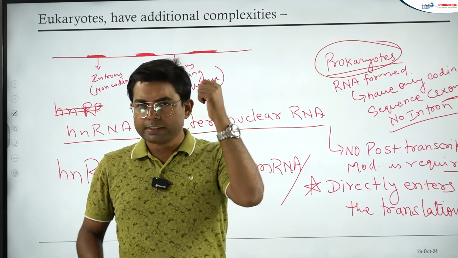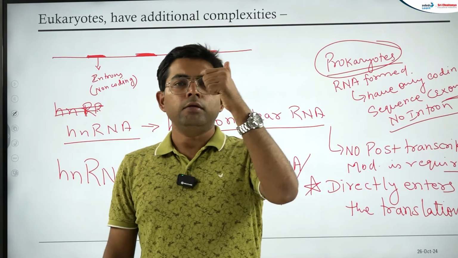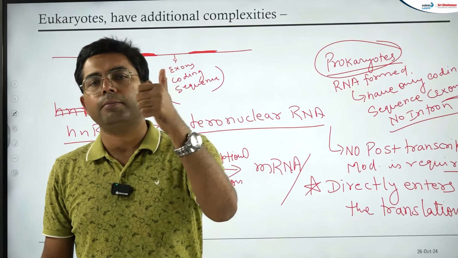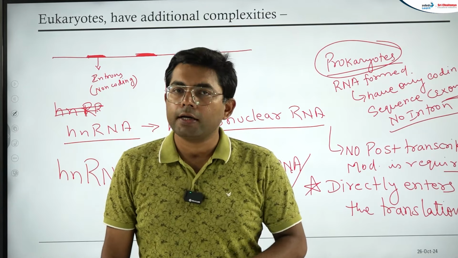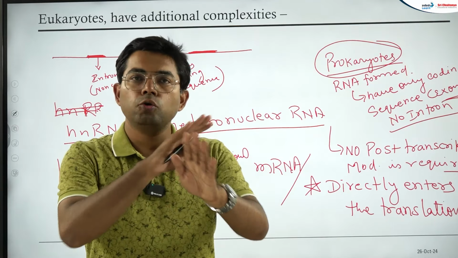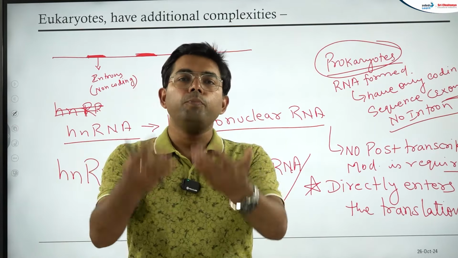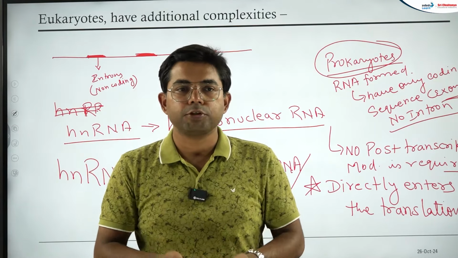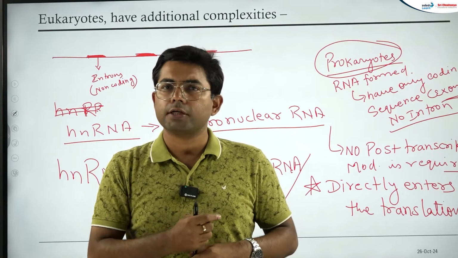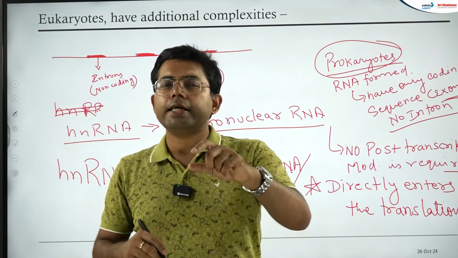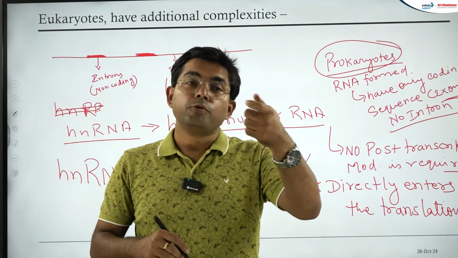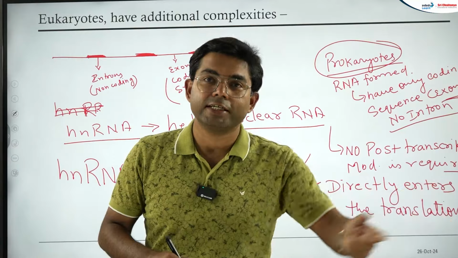If I summarize that difference, in prokaryotes the formed RNA is called mRNA. Why is it called mRNA? Because it has only coding sequence. It has no intron, so it requires no post-transcriptional modification, and it directly enters the protein forming phase, that is translation.